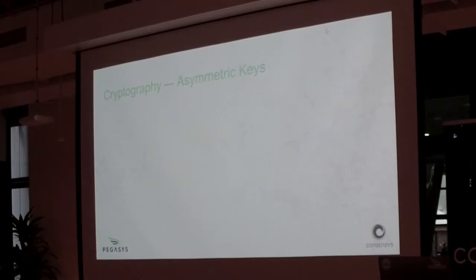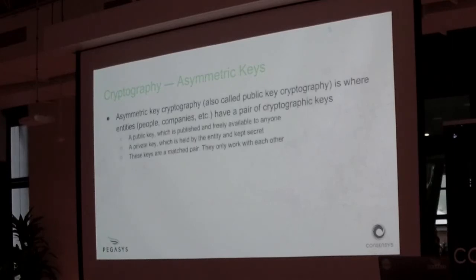The third way I want to discuss cryptography is to do with asymmetric keys. Asymmetric key cryptography, also called public key cryptography, is where entities like people, companies, businesses and organizations have a pair of cryptographic keys.